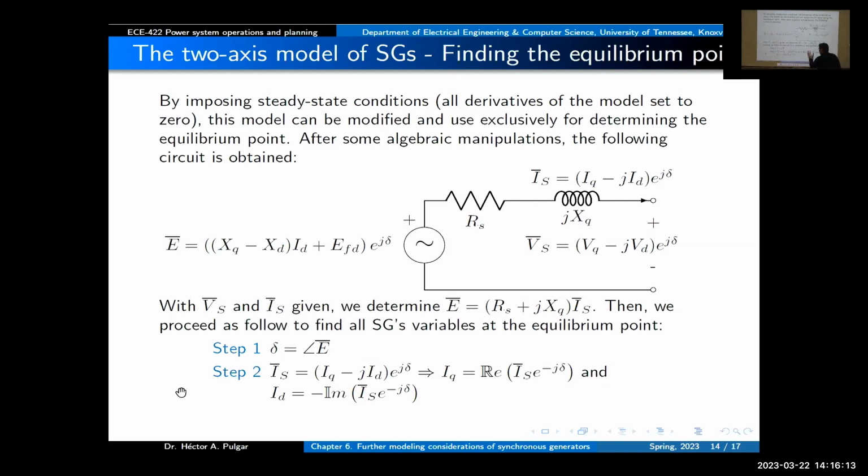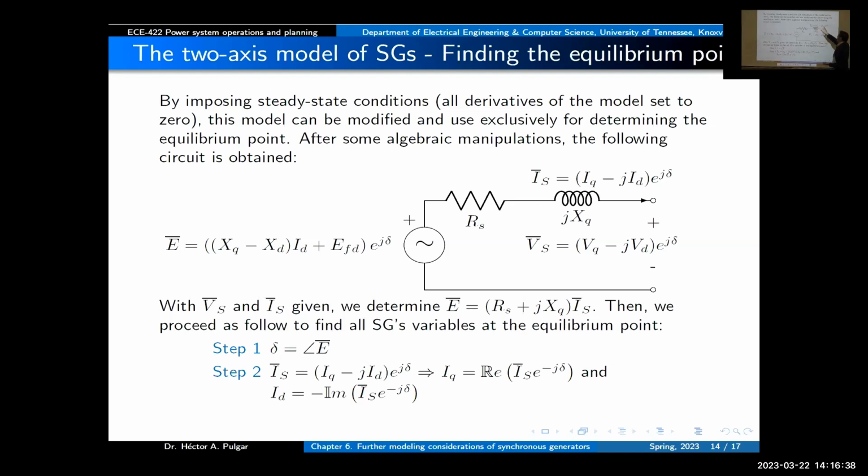The real part of this needs to be equal to EQ, but the imaginary part of this must be equal to negative IV. So that's the expression for EQ, and that's the expression for ID that come from solving this when you know that.